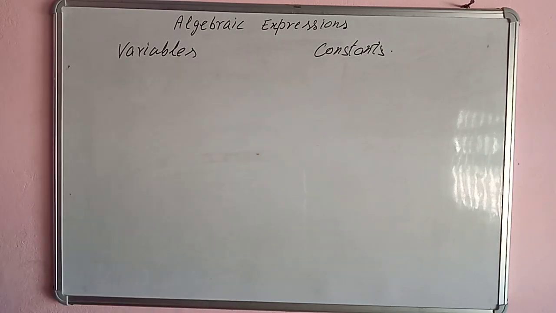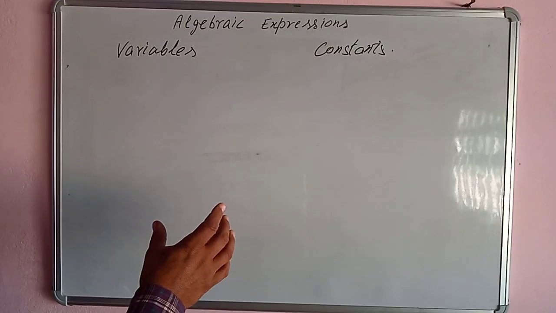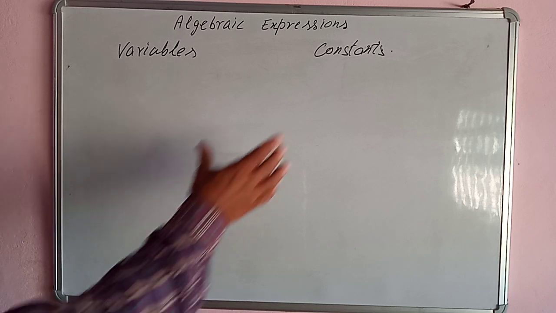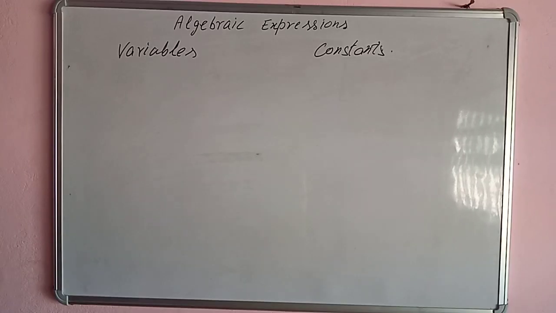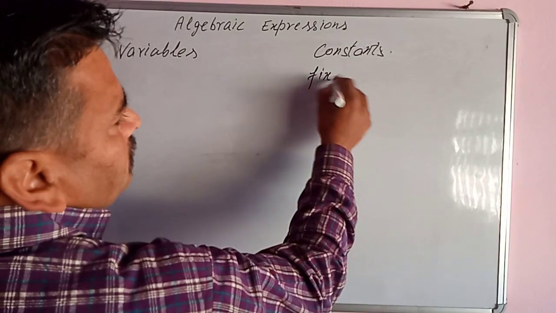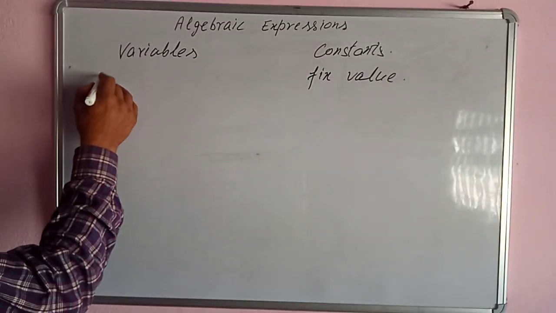And what is an example of a constant? How many days are there in the month of January? That is fixed, 31. How many days in a week? That is also fixed, a week has 7 days. So these are examples of constants. A constant has a fixed value, but variables do not have a fixed value.